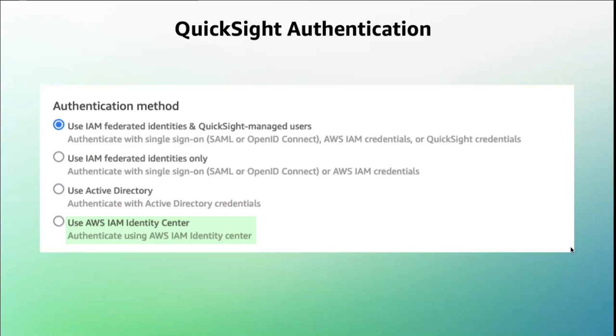So this acts as your centralized identity store for AWS and all other services. And for today's session, we will be focusing on AWS IAM Identity Center because this sits at the heart of your trusted identity propagation.